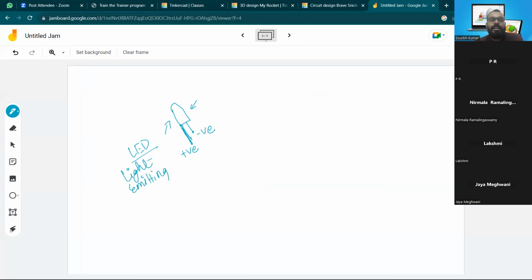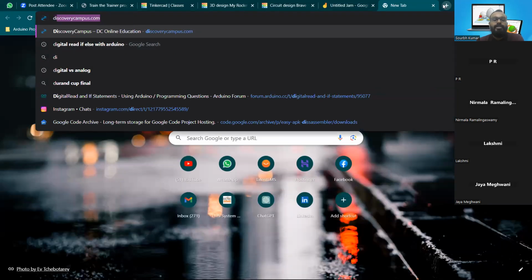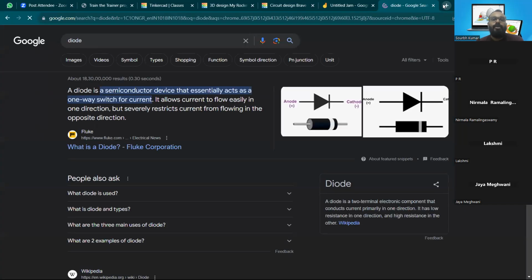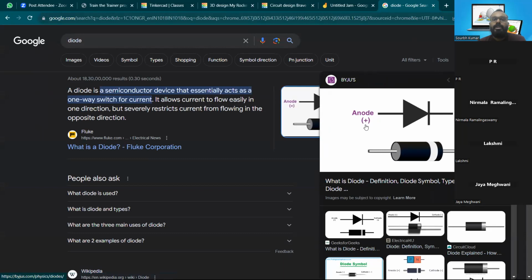Remember the diode term in this LED. If we take the example of any diode, if you go to Google search and type diode, you can see one thing in common.